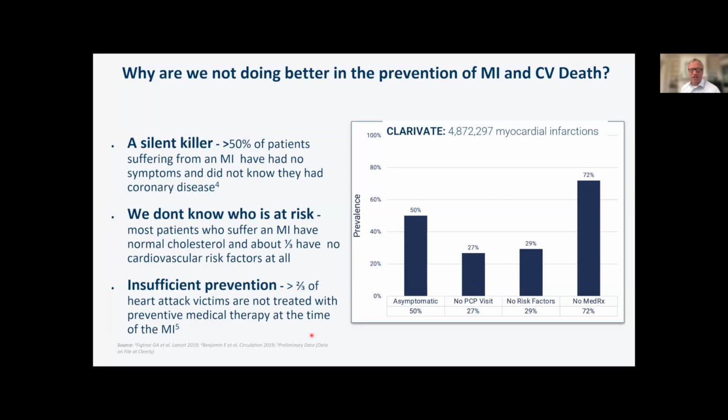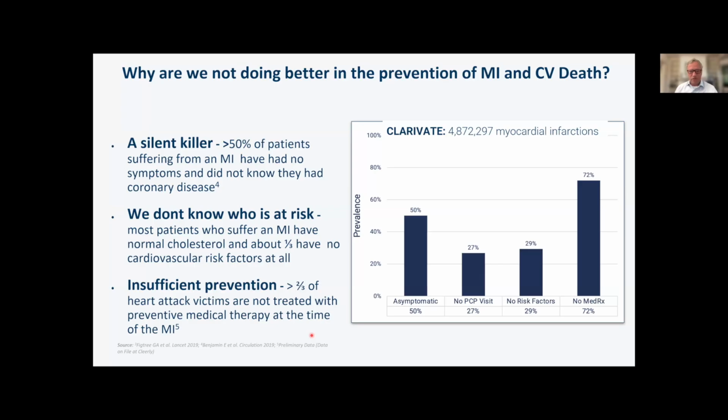And despite that this is 50 years later, we still see the same number. Cardiovascular disease, coronary disease is a silent killer, with more than 50% of patients suffering from an MI who have had no prior symptoms and did not even know they had coronary disease. So even if symptom-based care would be ideal and identify everybody who potentially would have a heart attack, we still would miss 50% of the patients completely.